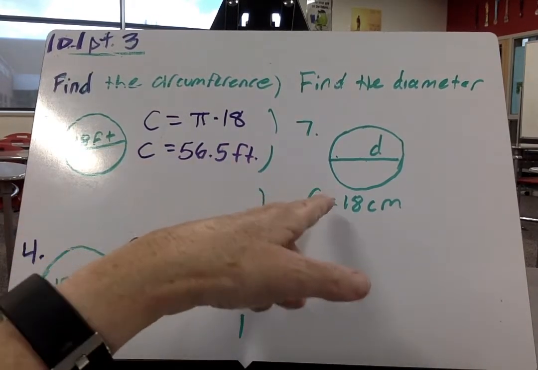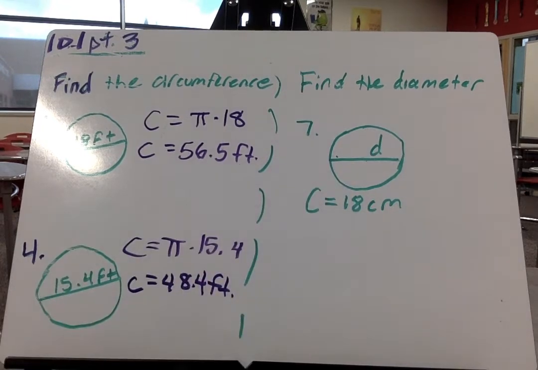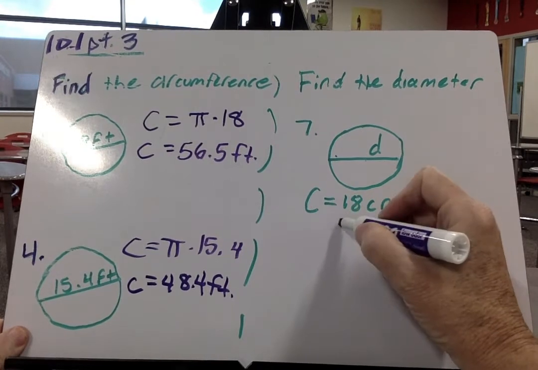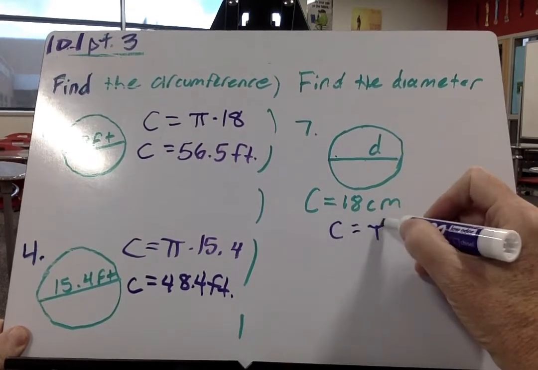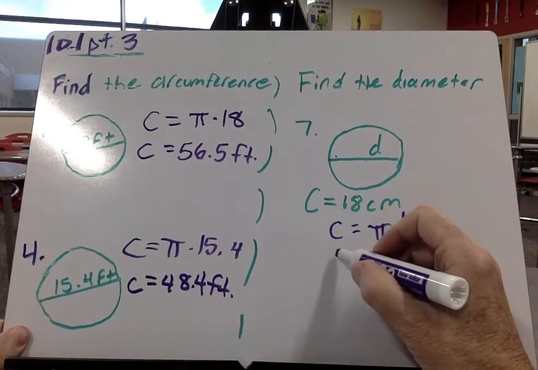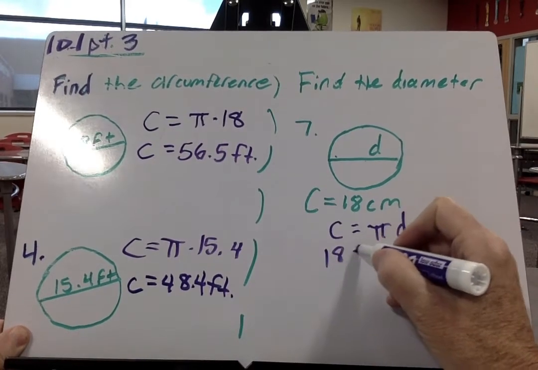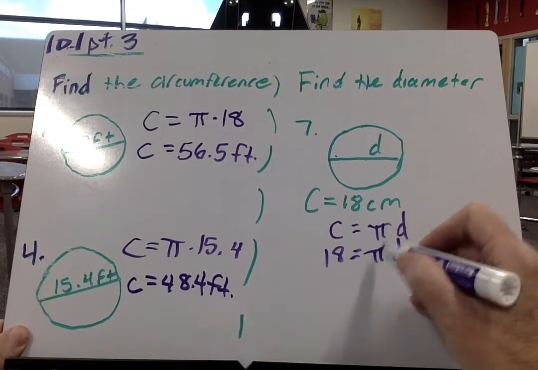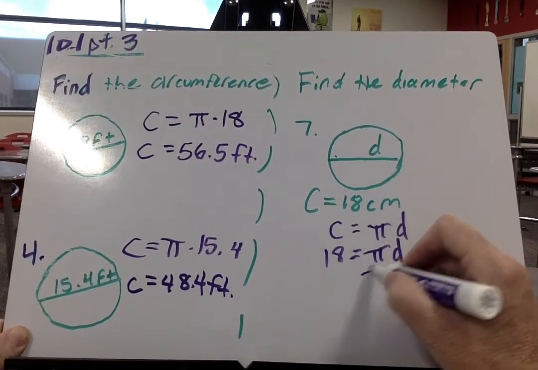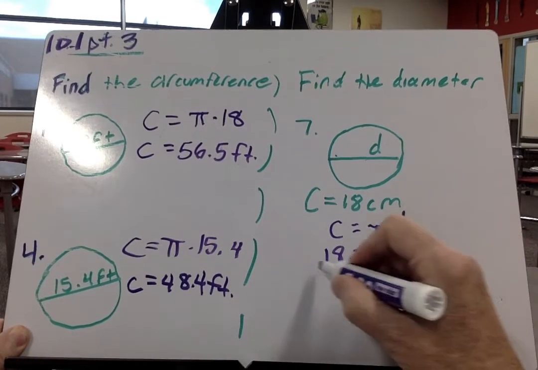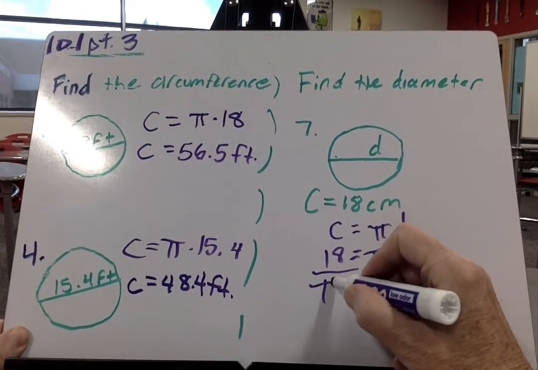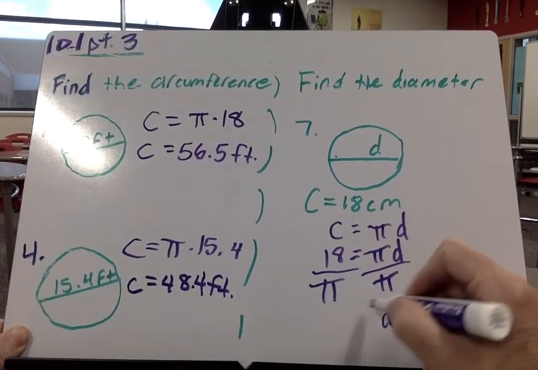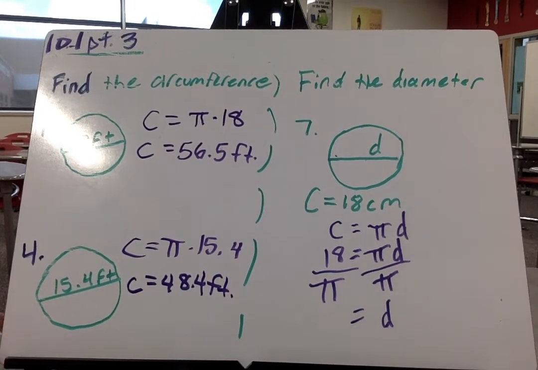Now, what if we're given the circumference, but we don't know the diameter? Well, we still use the same formula. Circumference equals pi times diameter. So we say 18 equals pi times diameter. Now we're going to solve for d because we don't know what d is, so we're going to divide by pi. So we can say d equals 18 divided by pi.